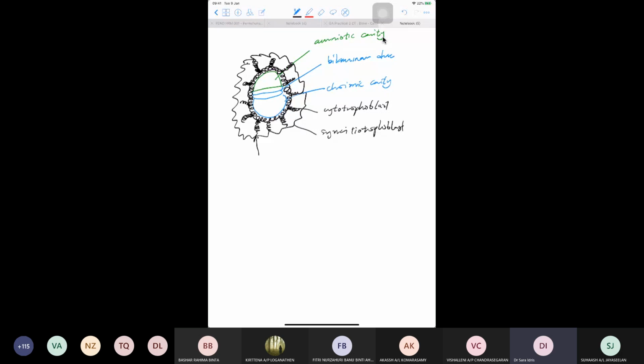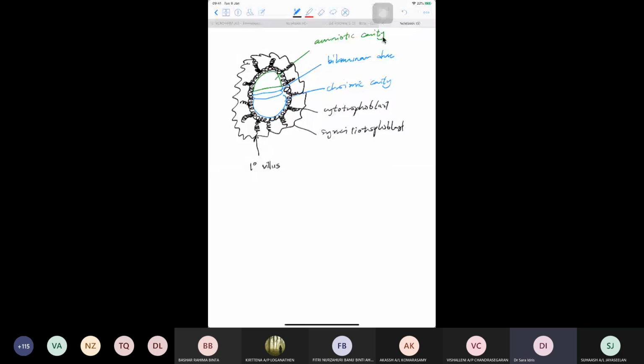And this projection is known as primary villus. So primary villus will occur not just at the embryonic pole, but it will occur everywhere around your embryo. It will be made up of a projection or a core of your cytotrophoblast through the syncytiotrophoblasts.